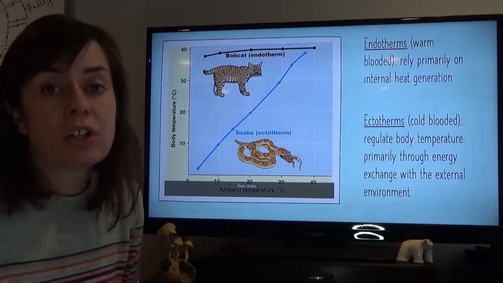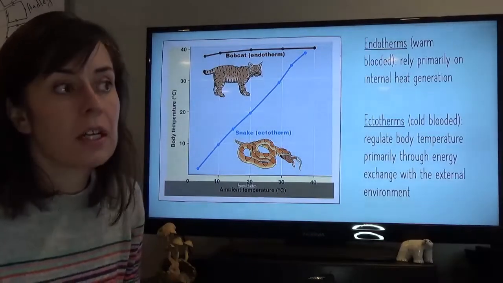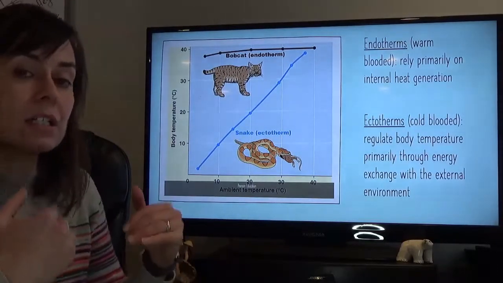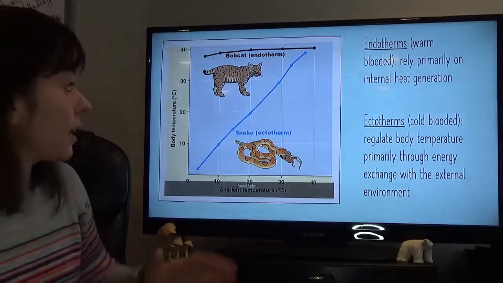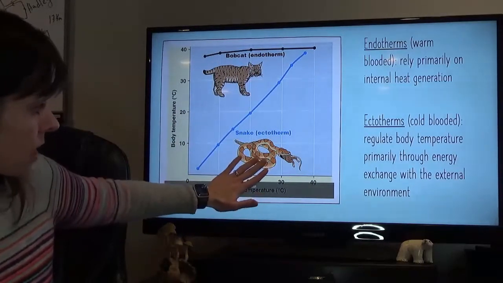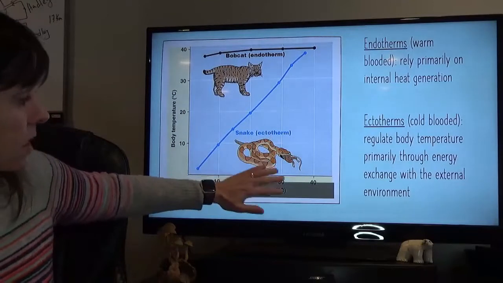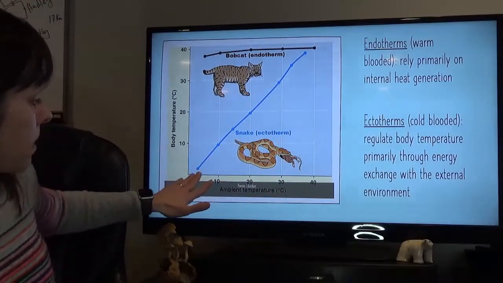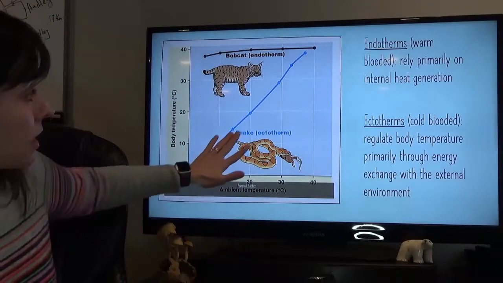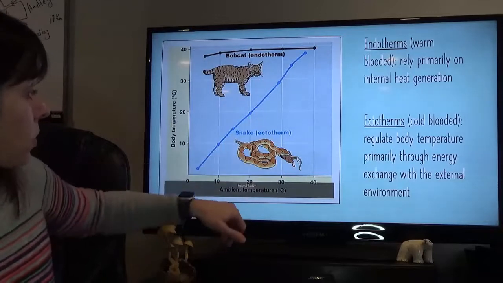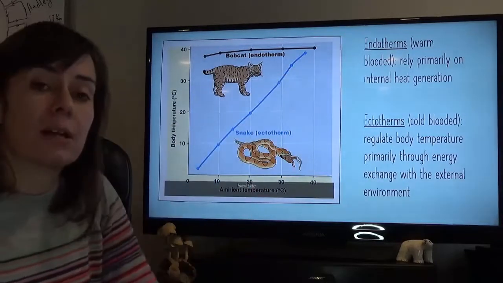Our bodies cannot tolerate variation in temperature, and we regulate our temperature internally and maintain it at a similar temperature as the bobcat. In contrast, here we have a snake, an ectotherm, which is admittedly consuming an endotherm. But the body temperature of the snake responds pretty directly. It's pretty close to a one-to-one relationship with the air temperature.